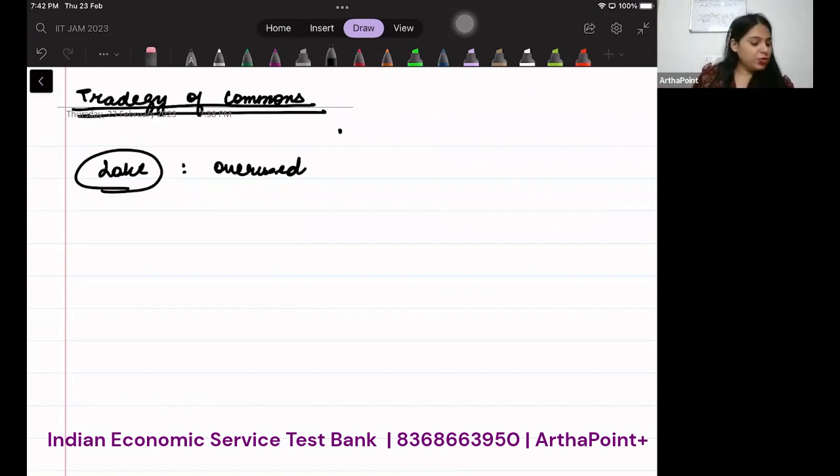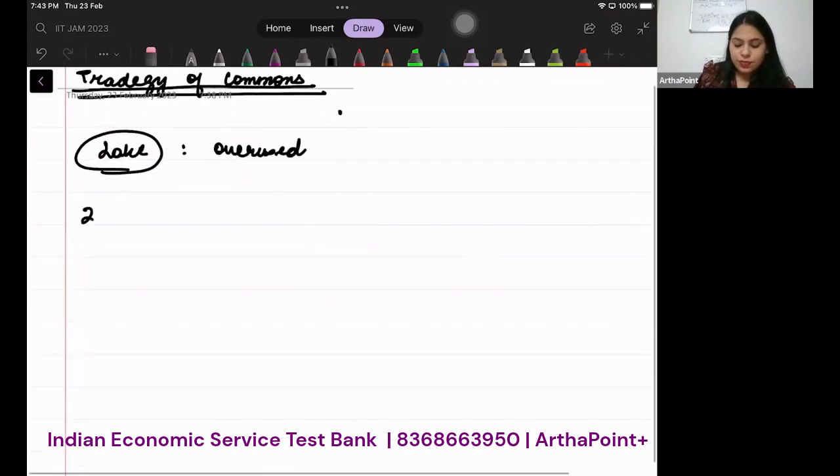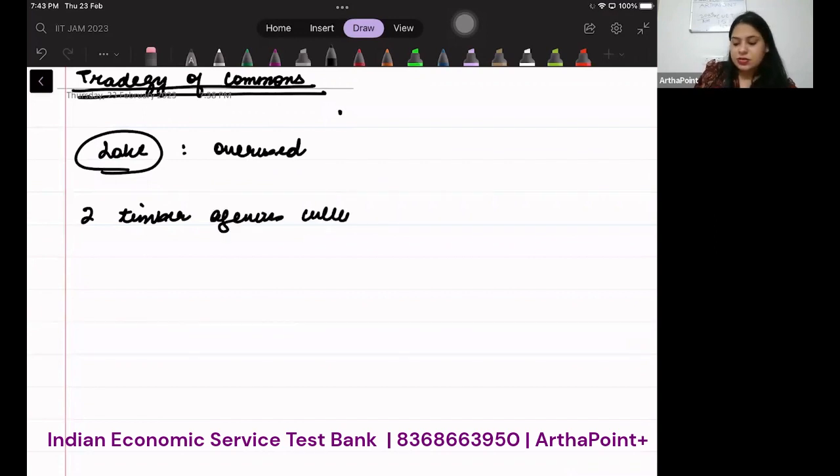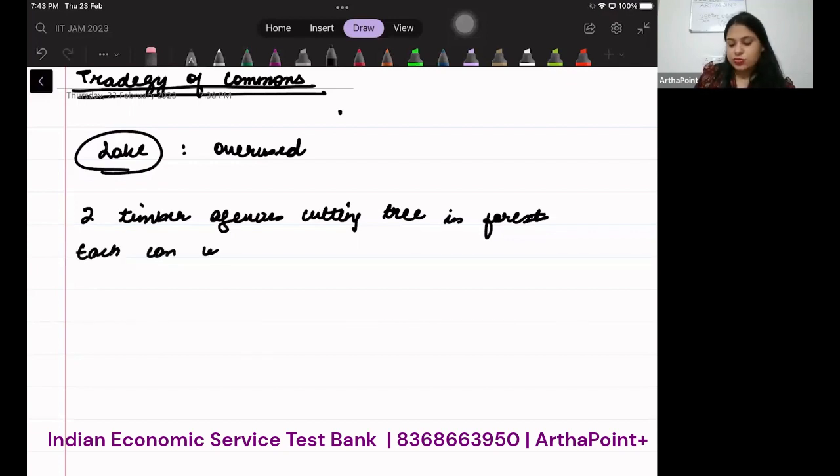Now, in order to give an example, please write down some of the assumptions of this question. So the question is, there are two timber agencies cutting trees in a forest, and each can use effort EI.